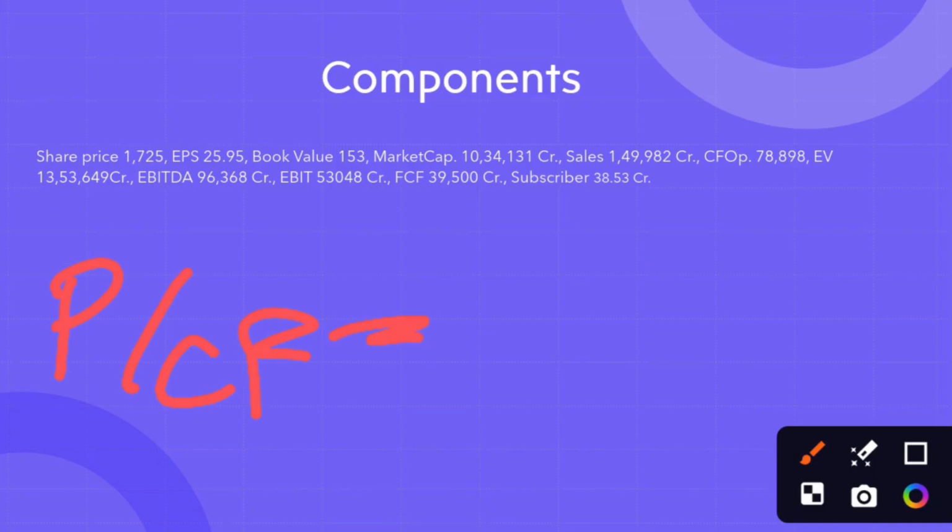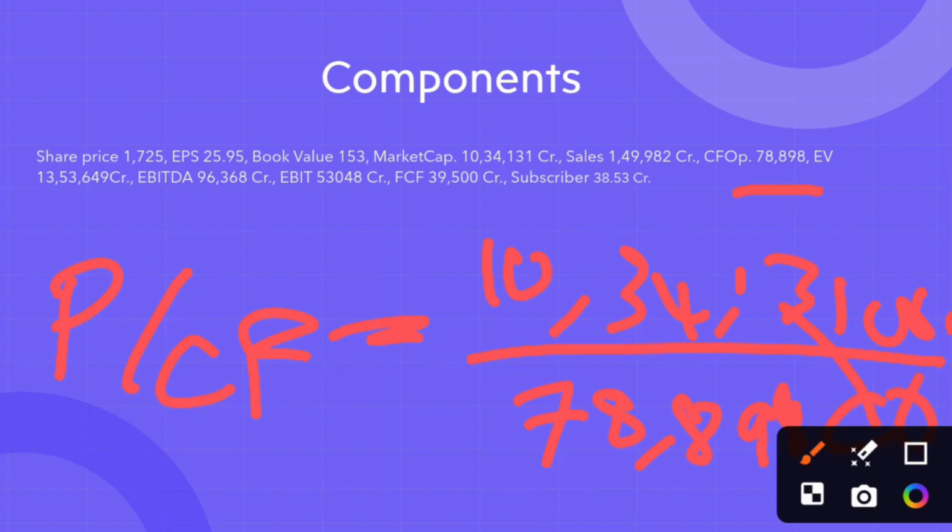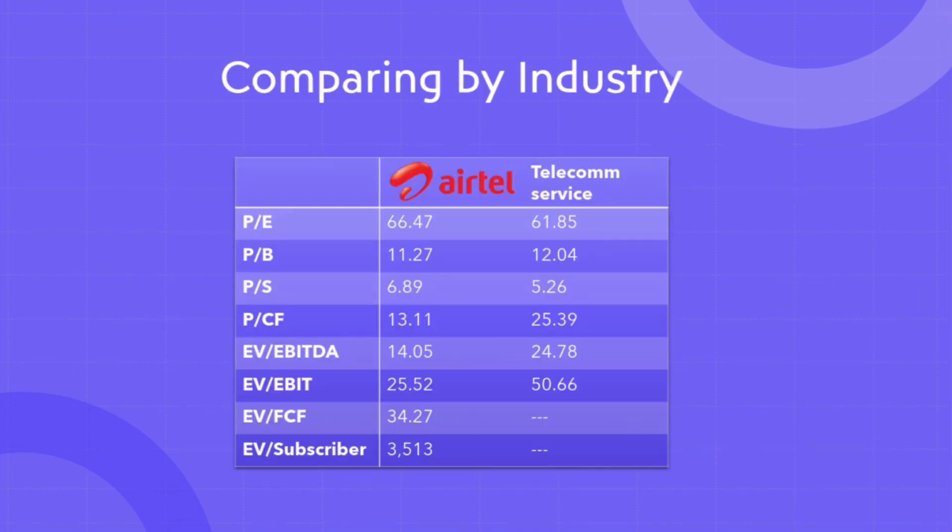So we calculate this now. P by CF is equal to 10 lakh 34,131 crores, which is the market capitalization, divided by the cash flow from operational activity, which is 78,898 crores. Yes, crores, I had not written it here.